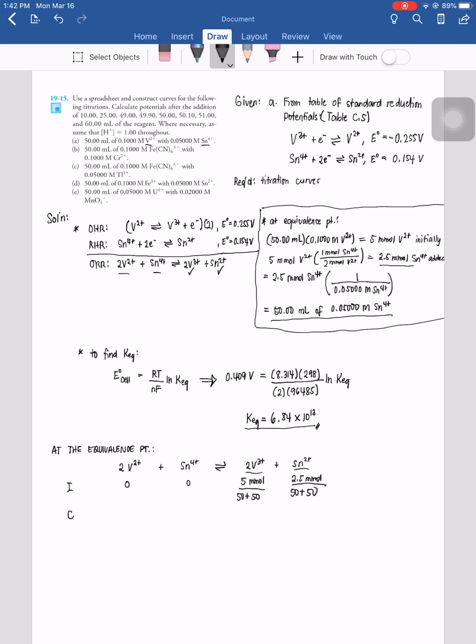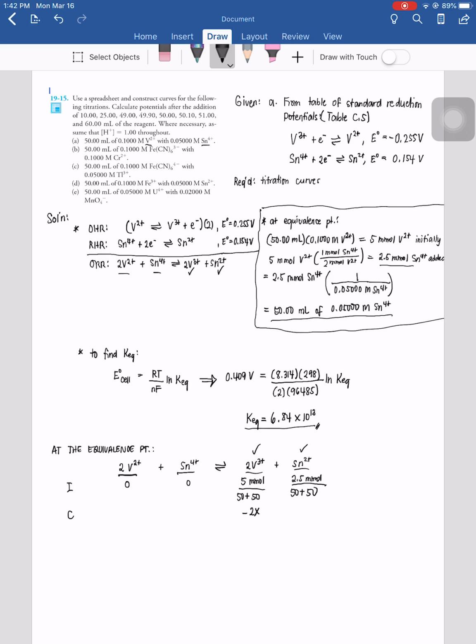Now at the equivalence point, we expect that a very small amount of our vanadium-3 and our tin-2 will reconstitute or reform our original ions, the vanadium-2 and the tin-4, so that we have a certain amount, negative 2x, changing from the concentration of the vanadium-3.